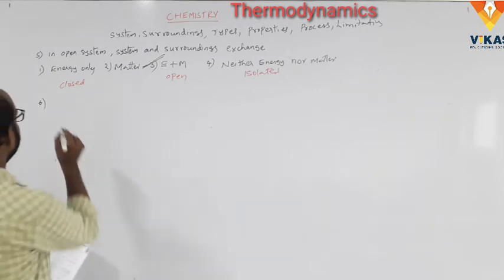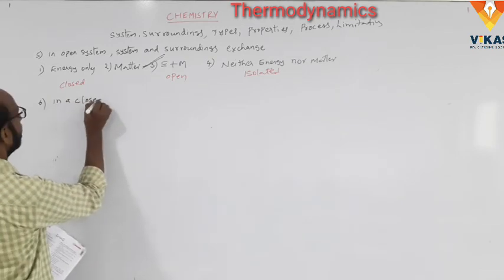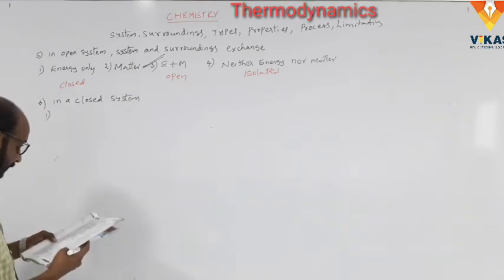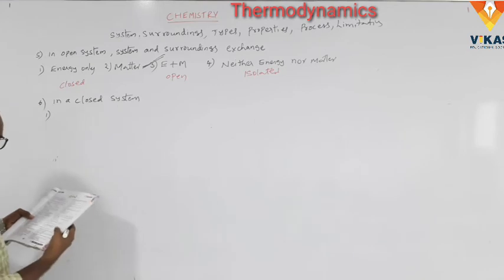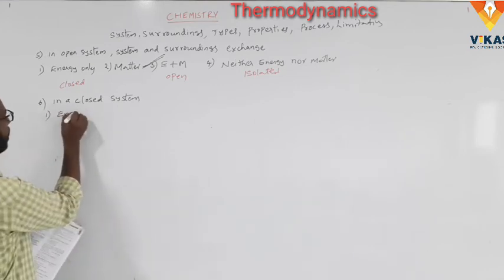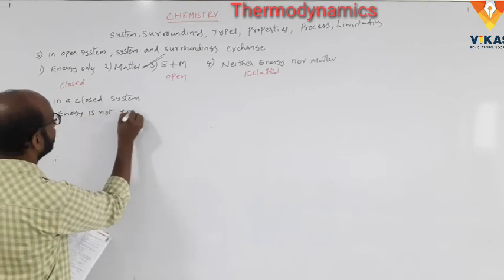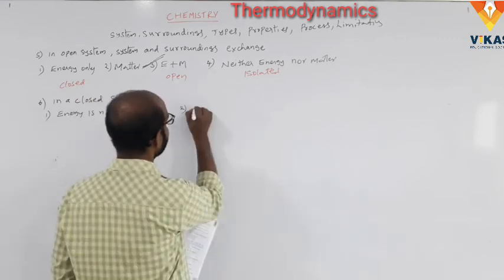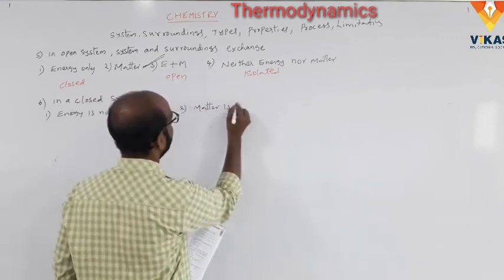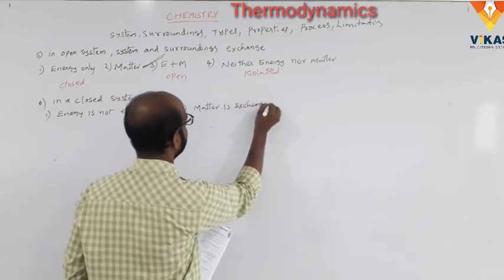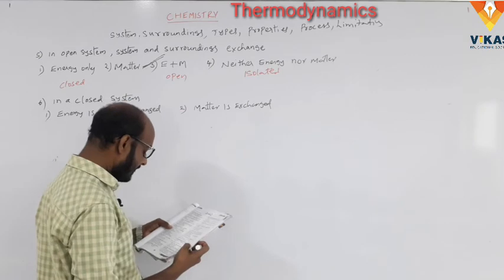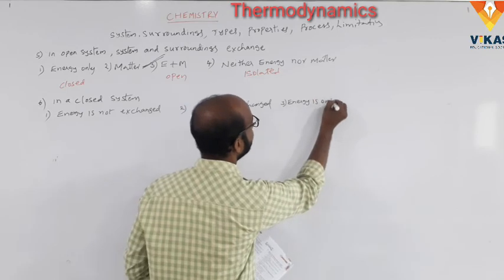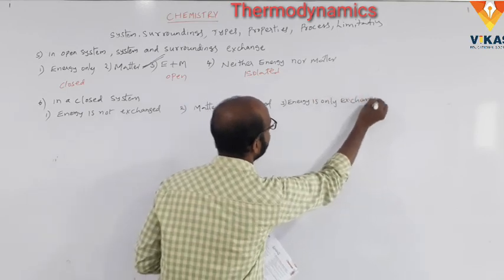Okay, next one, number 6. In a closed system, number 1, energy is not exchanged. Number 2, matter is exchanged. Number 3, energy is only exchanged.